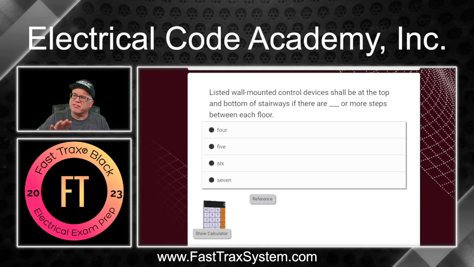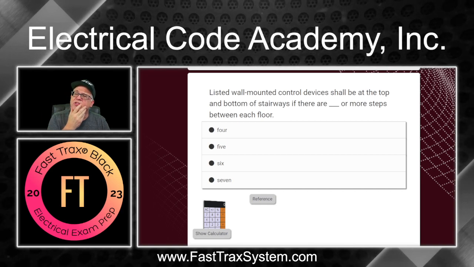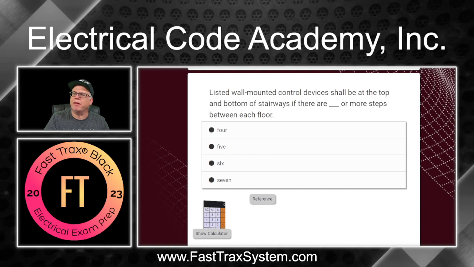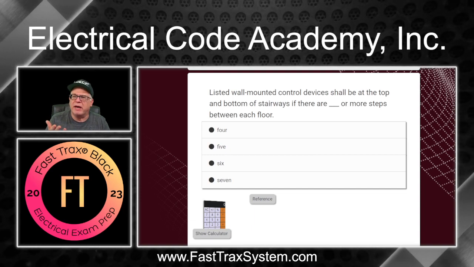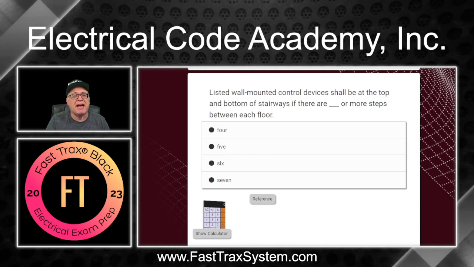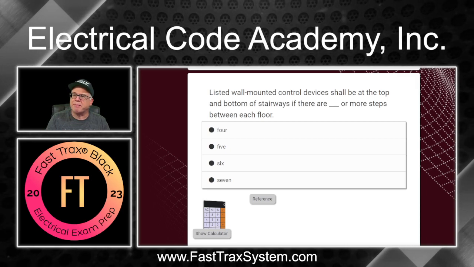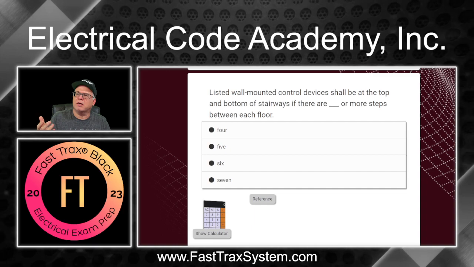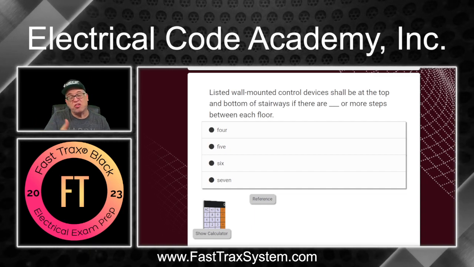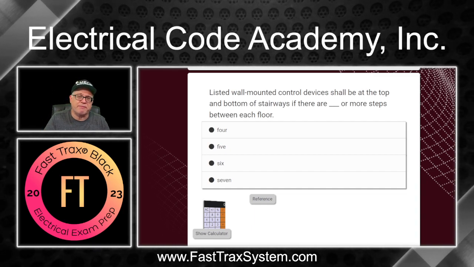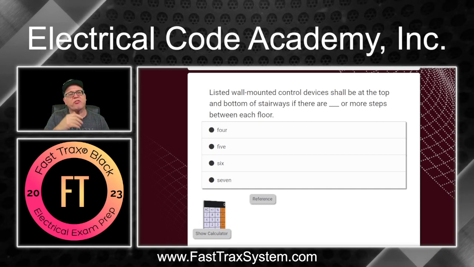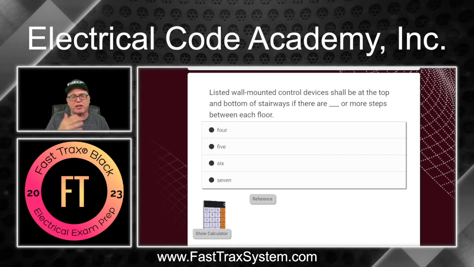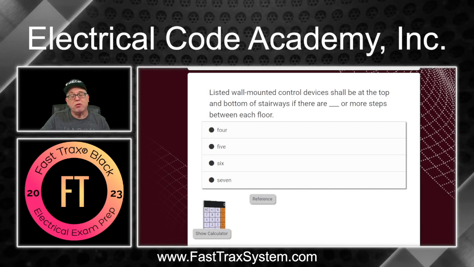Because this one's got terms in it, and you could say, well, I'll look up listed wall-mounted control devices, a switch, if you will. And you say, well, there's very limited. Stairways. Maybe something's in the back for stairways. That type of thing. Or maybe you know that you're talking about the different devices, just like we would for receptacles in 210.52. Maybe you remember something like 210.70 talks about luminaires and things like that and the controls of luminaires. I don't know. Let's go to the book.